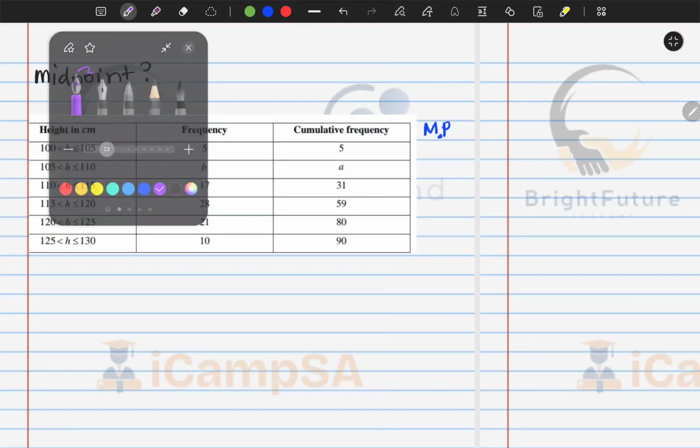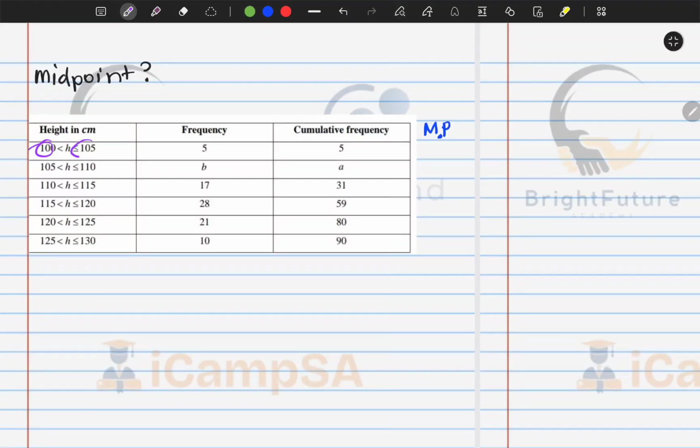We find the midpoint by adding the class boundaries and then dividing by 2. So our midpoint is going to be 100 plus 105, all divided by 2. Let's quickly punch this on the calculator.